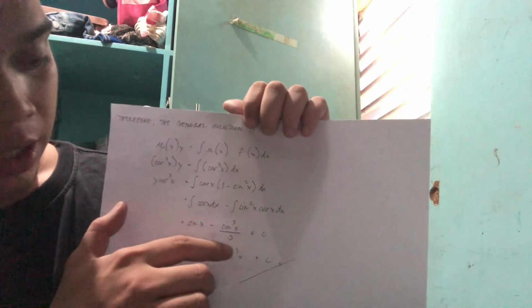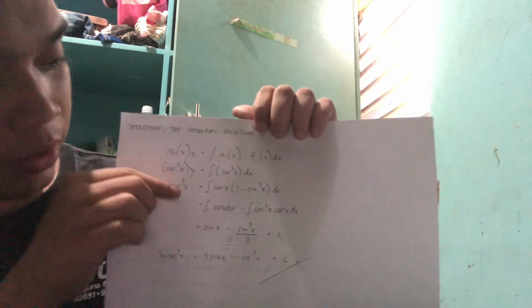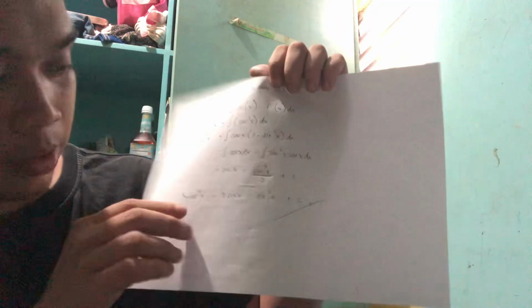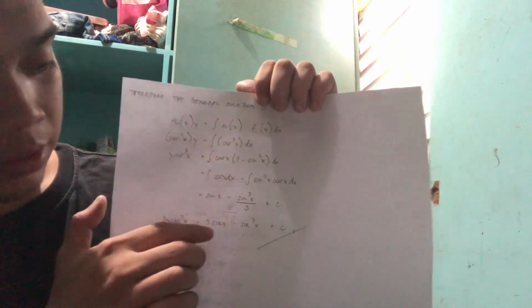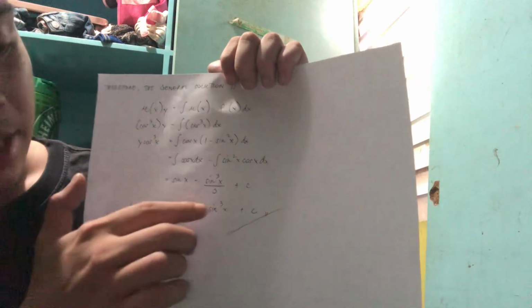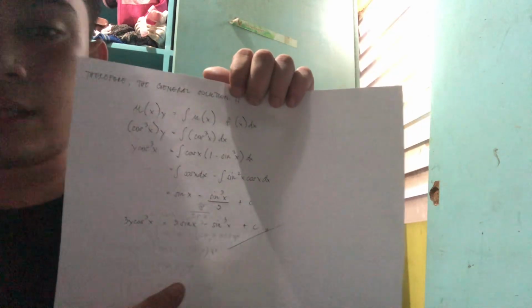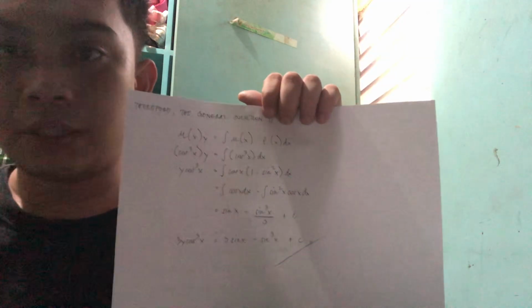So the 3 divides all of the variables here. So y cos cubed x equals sine x minus sine cubed x over 3 plus c, and the answer will become 3y cos cubed x equals 3 sine x minus sine cubed x plus c. So that you will get the general solution of the problem y prime equals 1 plus 3y tan x.